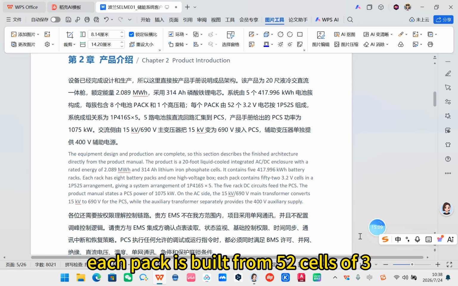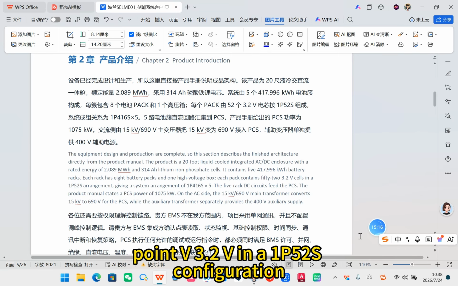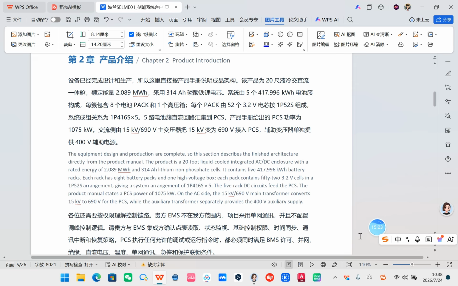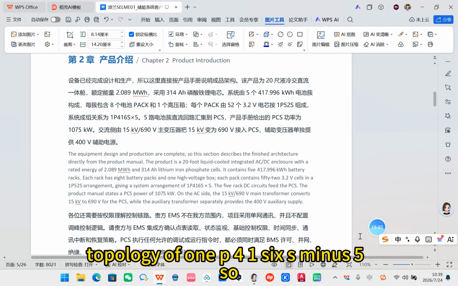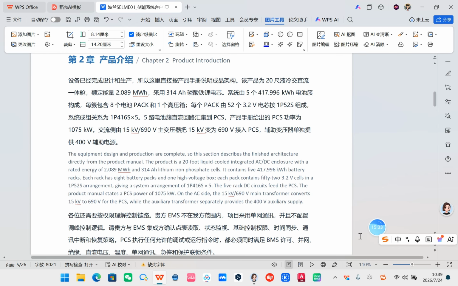Each pack is built from 52 cells of 3.2 V in a 1P52S configuration, giving a system topology of 1P416S-5.